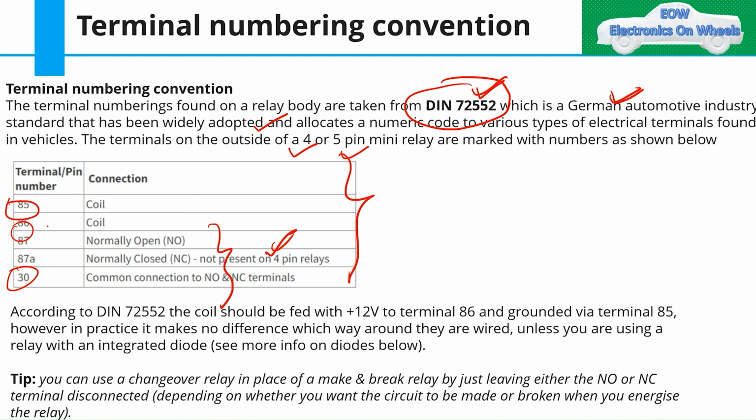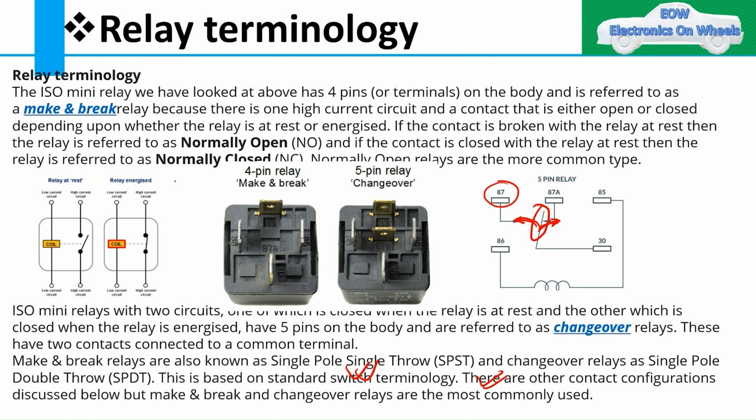So 85 and 86 are for the coil side. That's why, if you see here, I was keeping 85 and 86 on this side and 87 and 30 on this side.